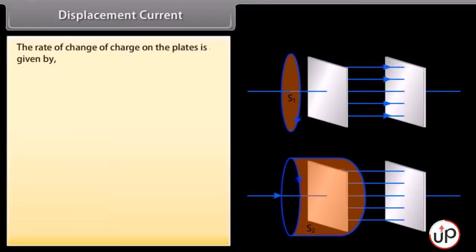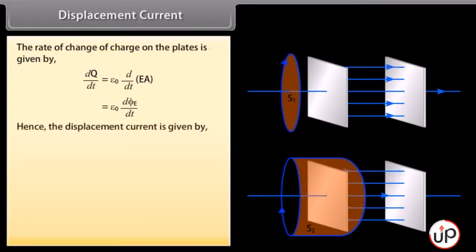The rate of change of charge on the plates is given by epsilon naught d/dt of EA, which is equal to epsilon naught d phi E by dt. Hence, the displacement current is given by I_D is equal to epsilon naught d phi E by dt.